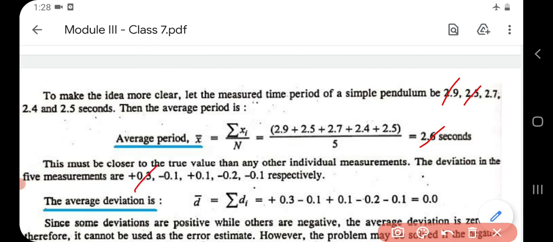Then 2.5 minus 2.6, that is minus 0.1. Like that you have to subtract the average value from each of these measured values, so you get the deviation values as these. Now for the average deviation you have to add all of these.